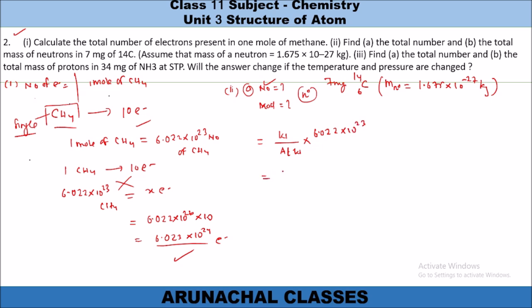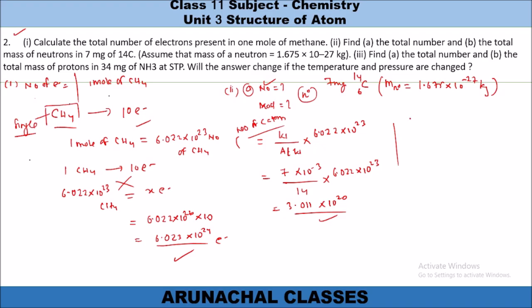The given weight is 7 milligram, so it will be 7 multiplied with 10 power minus 3 in grams, upon 14 gram, the atomic weight of carbon-14, multiplied with 6.022 into 10 power 23. Now if I solve, it will be 3.011 into 10 power 20. So this will be the number of carbon atoms.